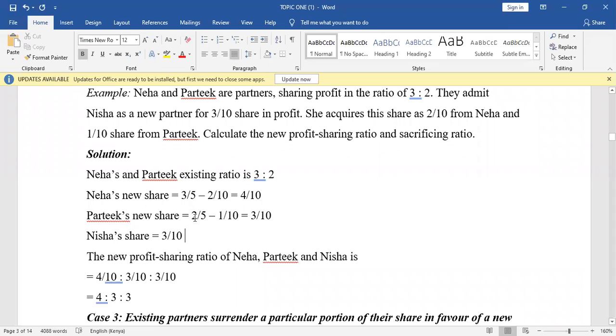Patrick's new ratio, initially it was 2/5, but he gave 1/10 to Nisa. So his new ratio now will be 3/10. So therefore, the new ratio for the three partners would be 4/10, 3/10, and 3/10. That's what we call 4:3:3.